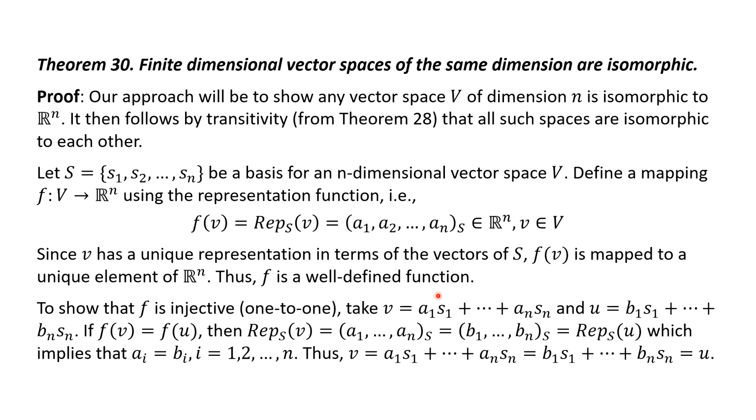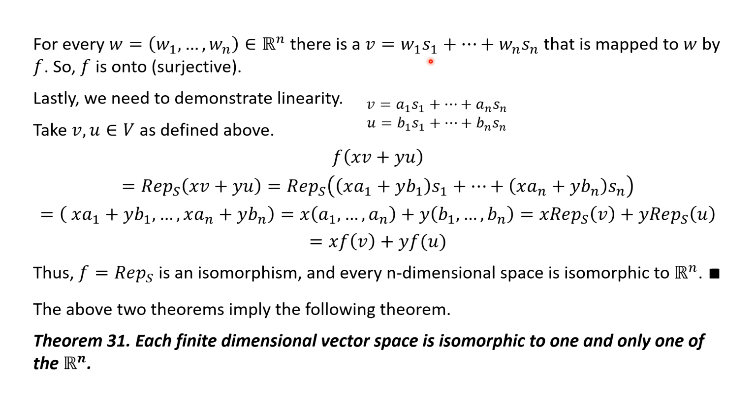So let's continue. We want to show onto, and of course we want to show f has a linearity property, and then we would have the isomorphism that we're looking for. Let's finish off our proof.